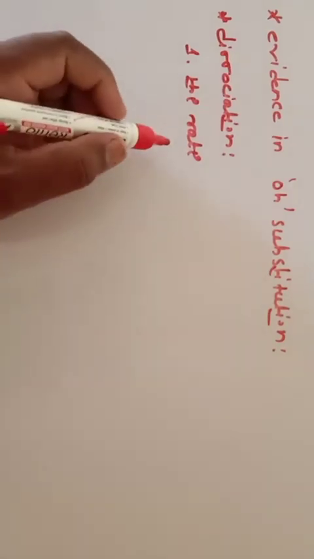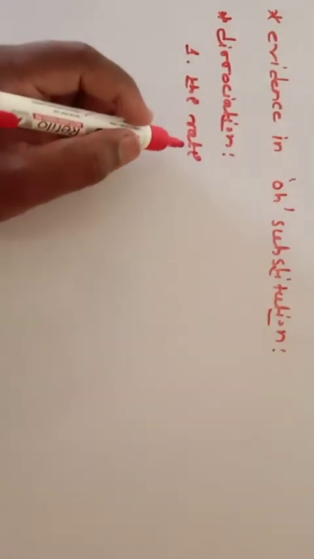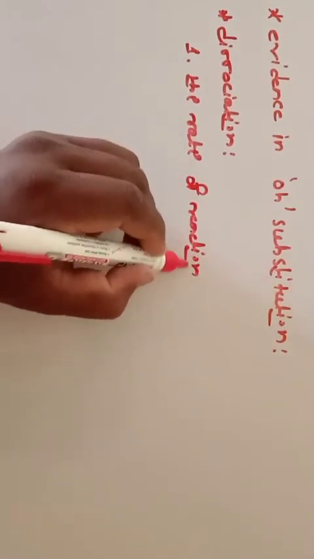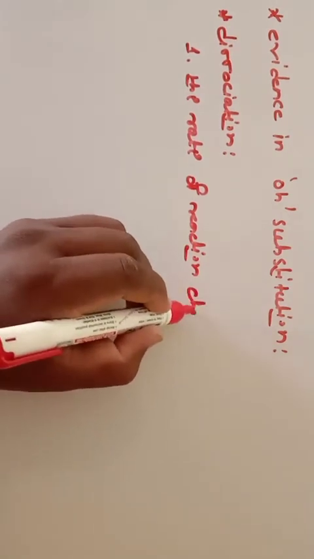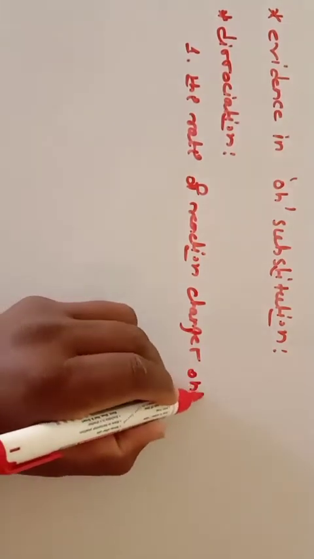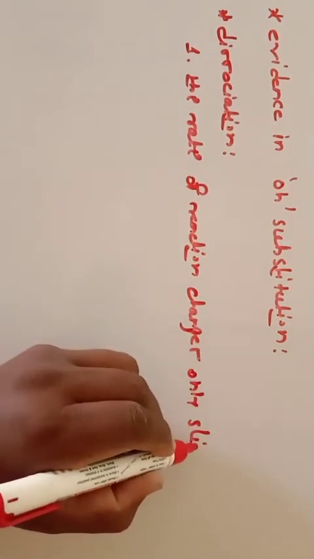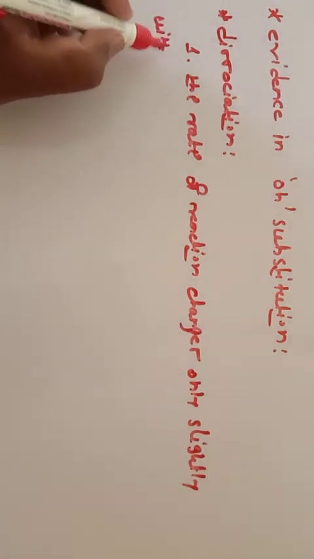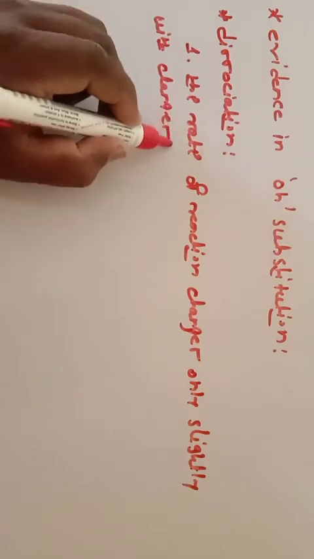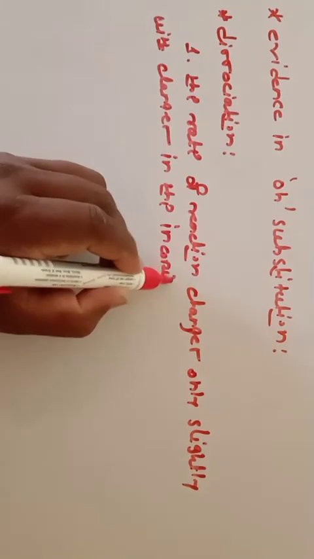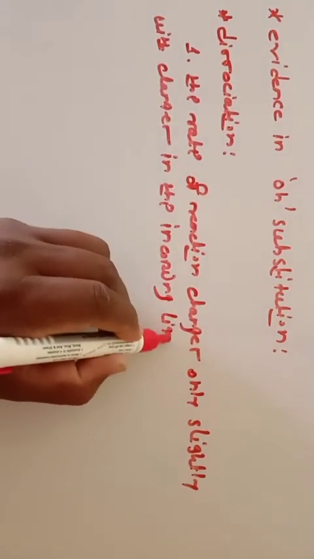So the first evidence for this dissociative type of mechanism is that the rate of reaction changes only slightly with changes in the incoming ligand.